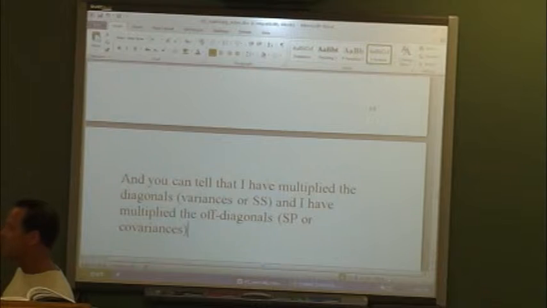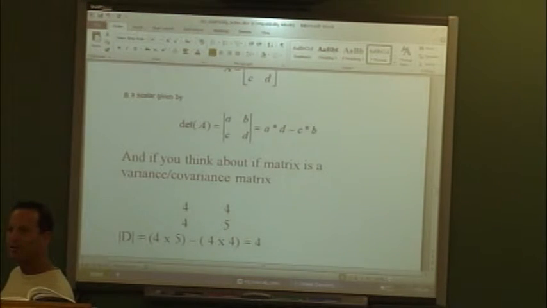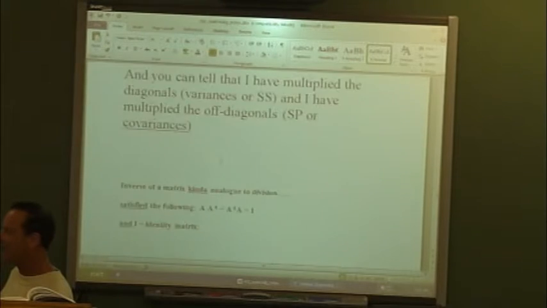Excellent, you guys. How did you know it was wrong because it was negative? That's the way the math works out, because a generalized variance can't be negative. Exactly.